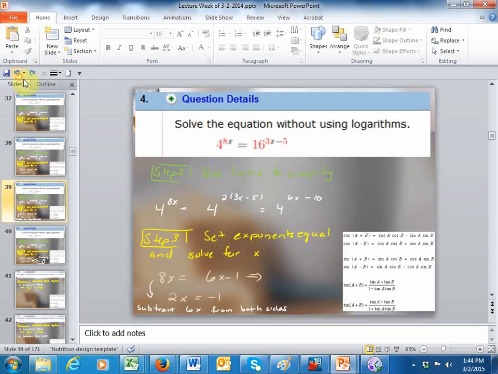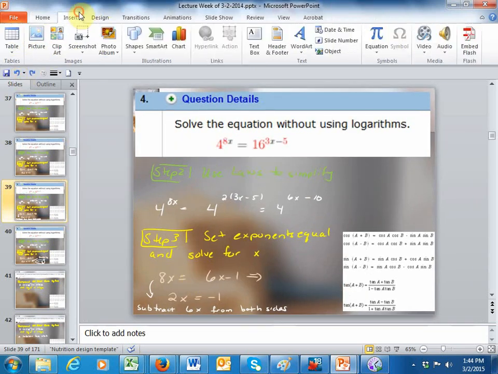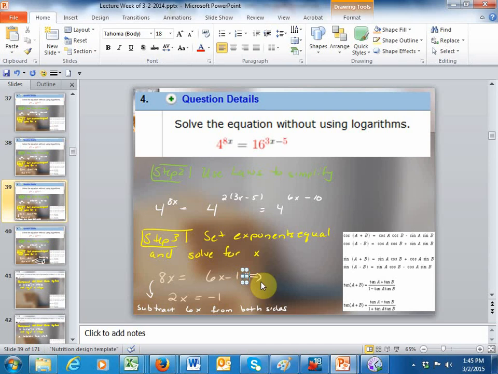It won't do it. It should be a 10 here. Maybe I'll just put a text box in. Like so.